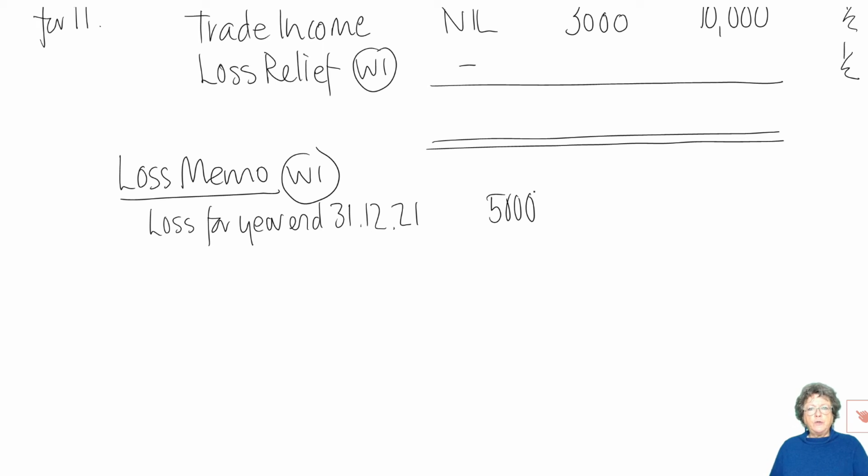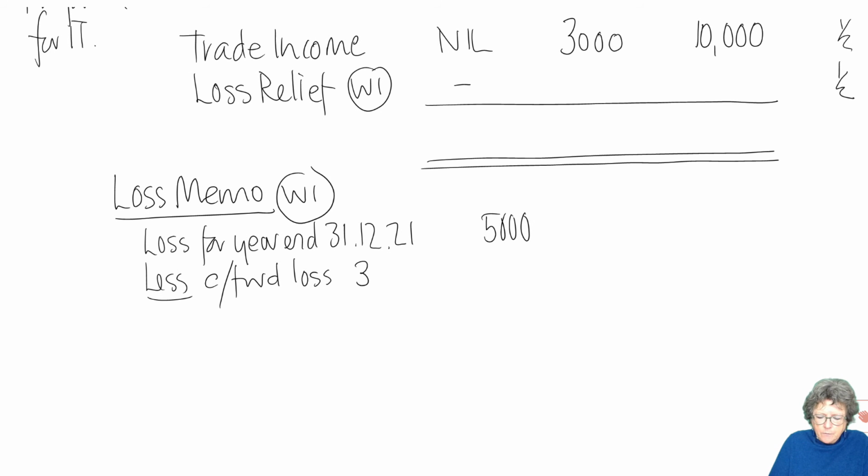It's important that you show this. So we are going to carry forward the loss, that's the rule, okay, and then we're going to give a date. Make sure you put the date in, and we're going to take out that 3,000, put it in there, finish these off.